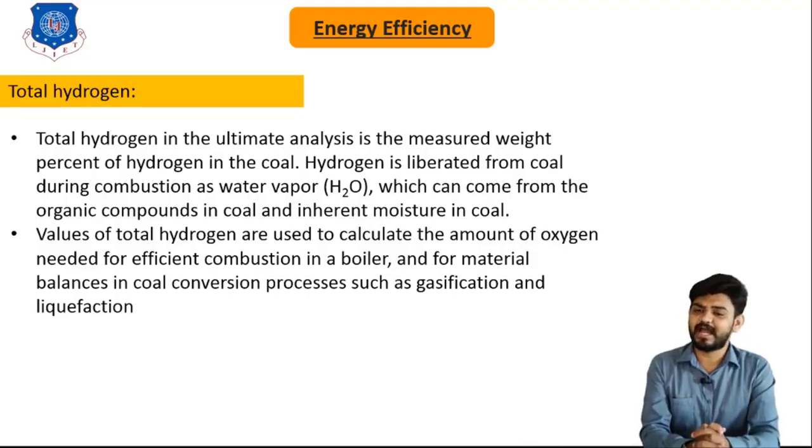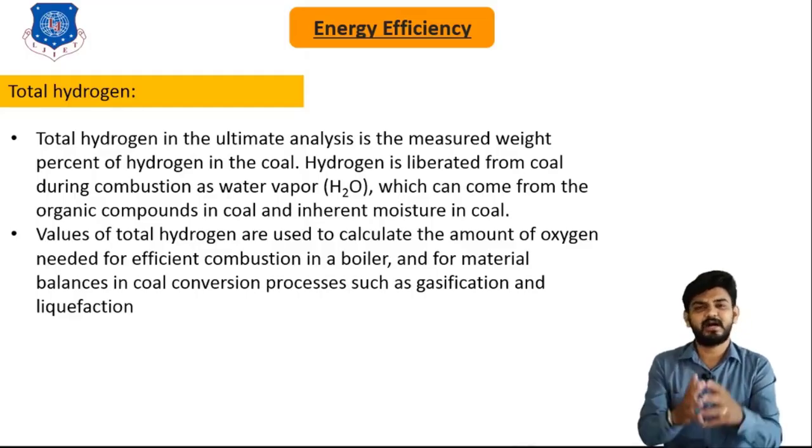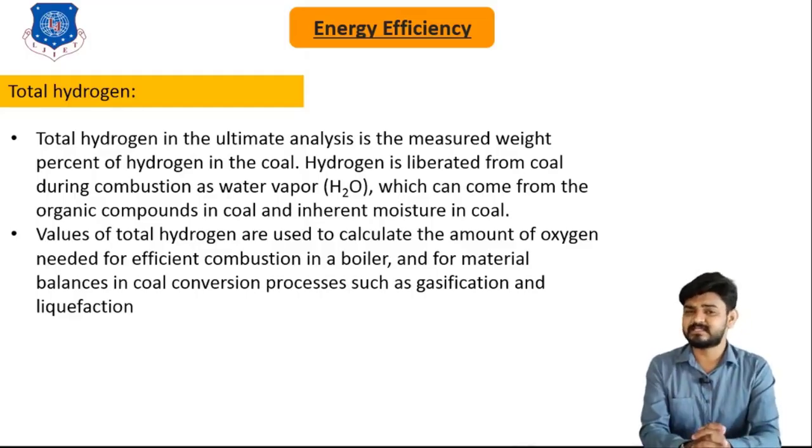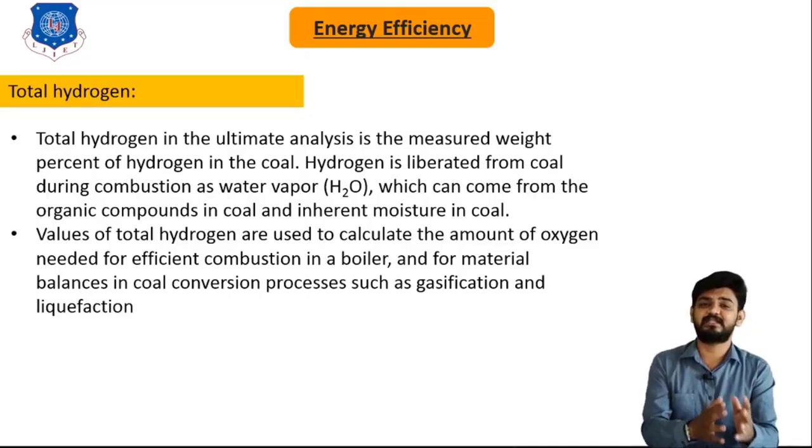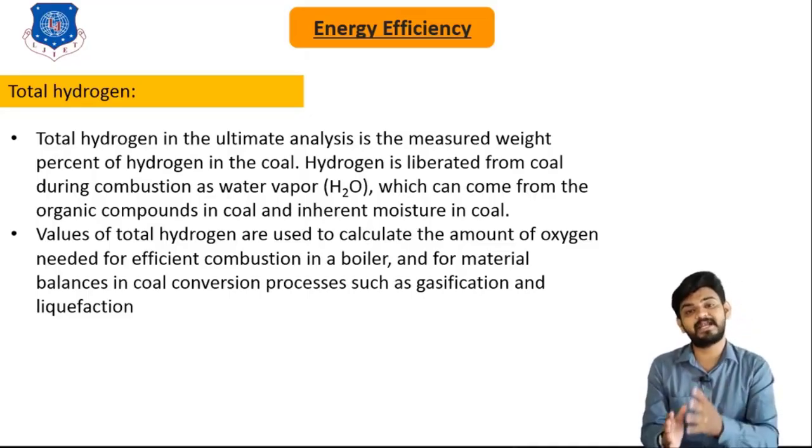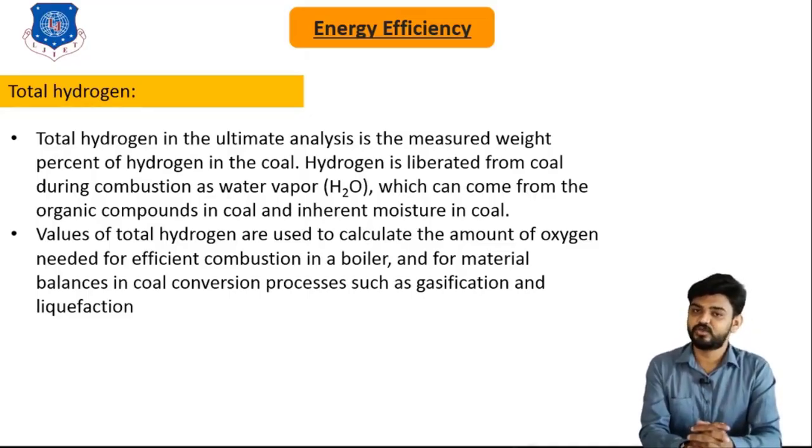The value of total hydrogen is used to calculate the amount of oxygen needed for efficient combustion in the boiler. So, the amount of hydrogen tells us the amount of oxygen that will be required for the complete combustion of coal. So, this measurement of hydrogen is very important.